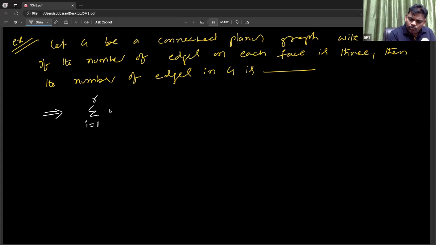Degree of region 1, region 2, region 3. Assume maybe K regions, some number. R1, R2, R3, R4 and so on up to K. Degree of region 1, degree of region 2. This will be equal to how much? Is it 2E? The sum of degrees of the regions is 2E.